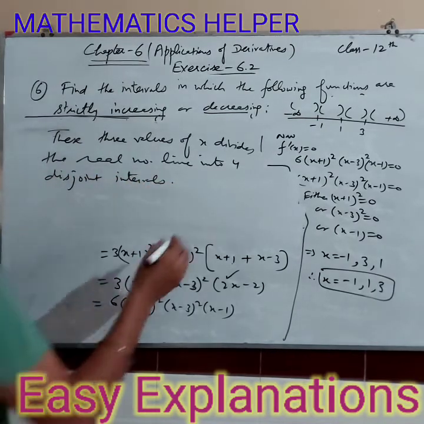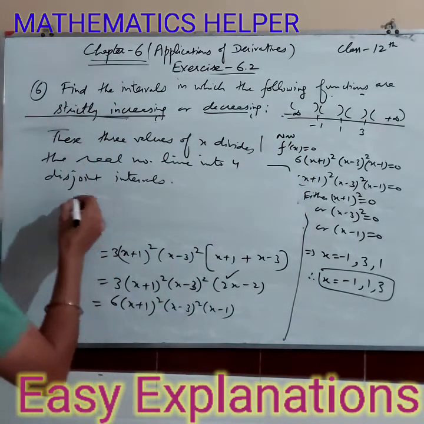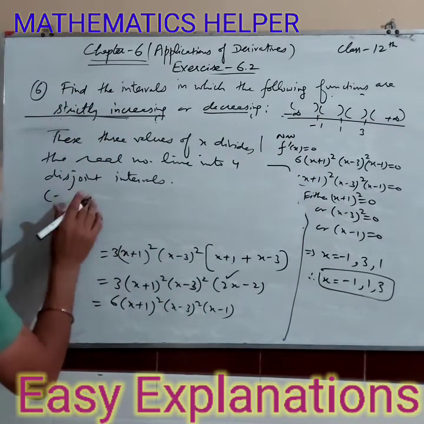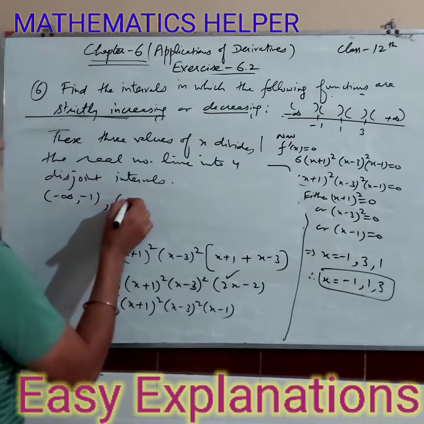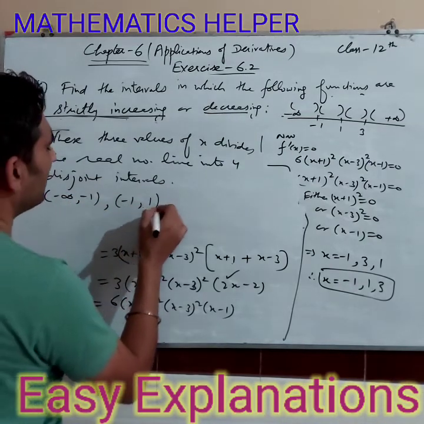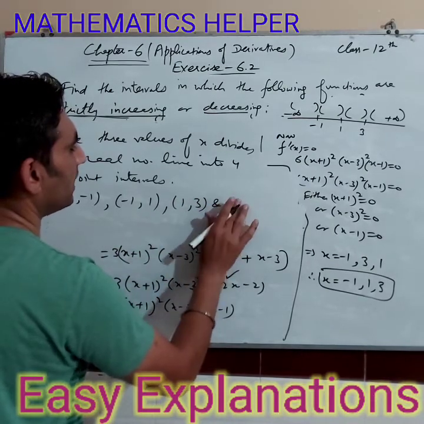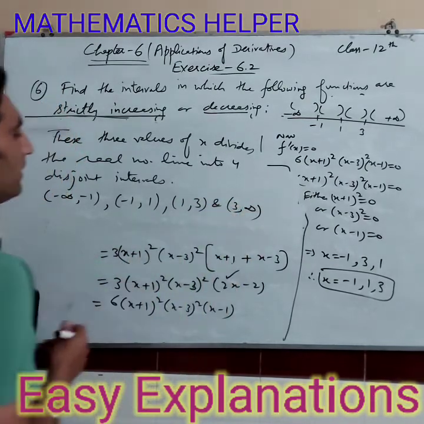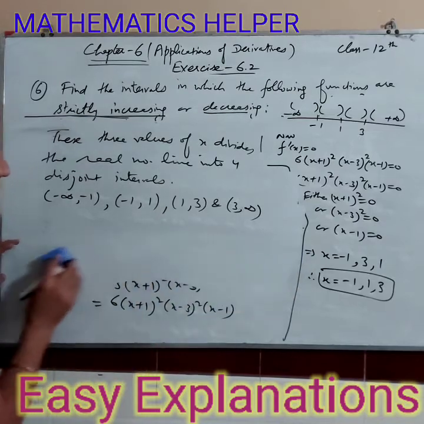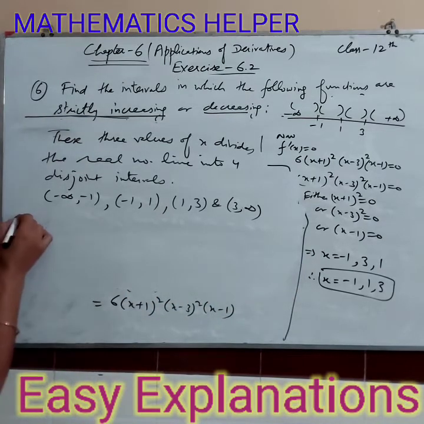What are they? First one from minus infinity to minus 1. Second from minus 1 to 1. Third from 1 to 3, and the last one is from 3 to infinity. So one by one we will check the sign of the derivative for these intervals.